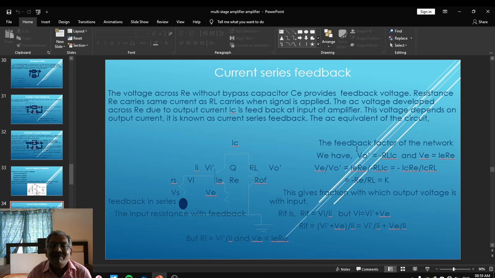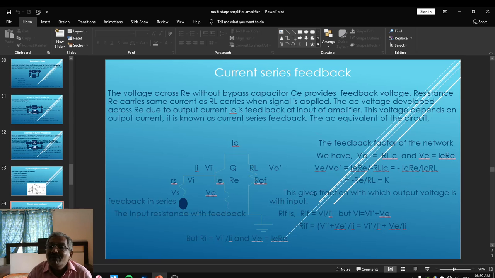To determine the feedback factor of the network, we have Vo dash, that is the output voltage after feedback, given as minus RL into IC. IC is the current that flows through the load resistance and RL is the load resistance. Minus sign because the direction of the collector current is opposite. VE is the emitter voltage that is equal to IE RE.